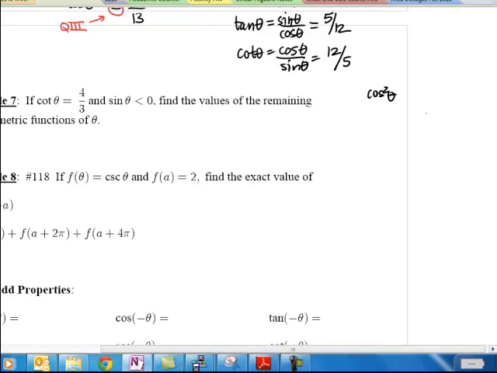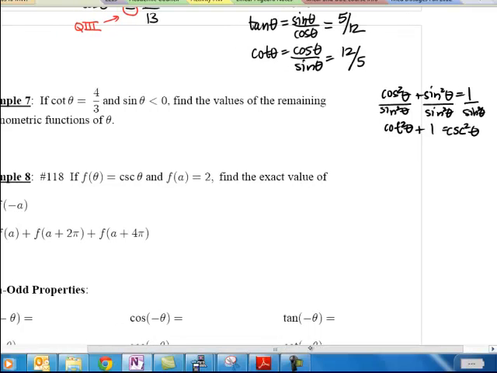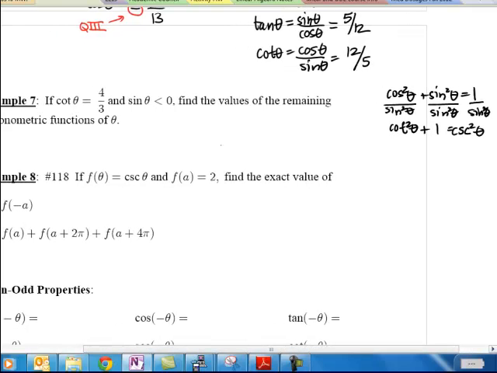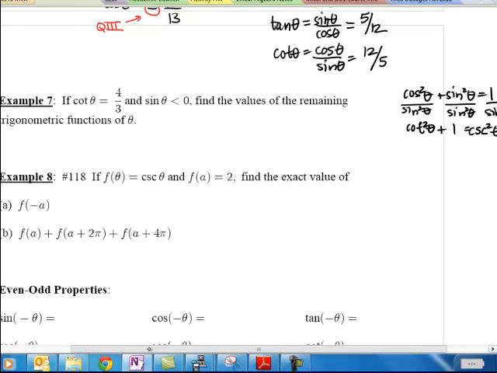This is what I would do. If I want to get to cotangent, I want to have a cosine divided by a sine. So I'd divide this all by sine squared. And that's going to tell me cotangent squared plus 1 is the square of cosecant. So cosecant of theta squared is 1 plus cotangent squared of theta. We'll use that to get started.